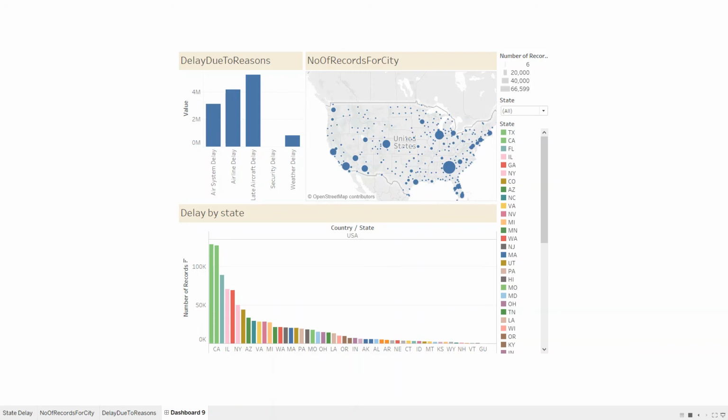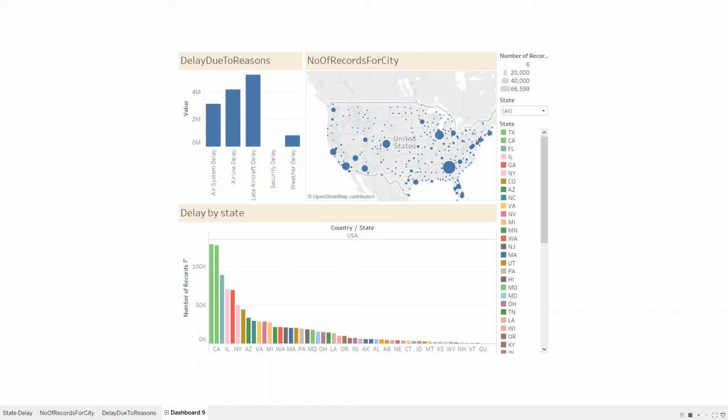Okay, so we have this dashboard right here, which would be suitable, for example, when you want to find out the number of delay and cancellation by location. As you can see, this map of the USA in the top right corner represents the number of delay and cancellation records in each different city, whereas the chart at the bottom displays the number of delay and cancellation records by state.